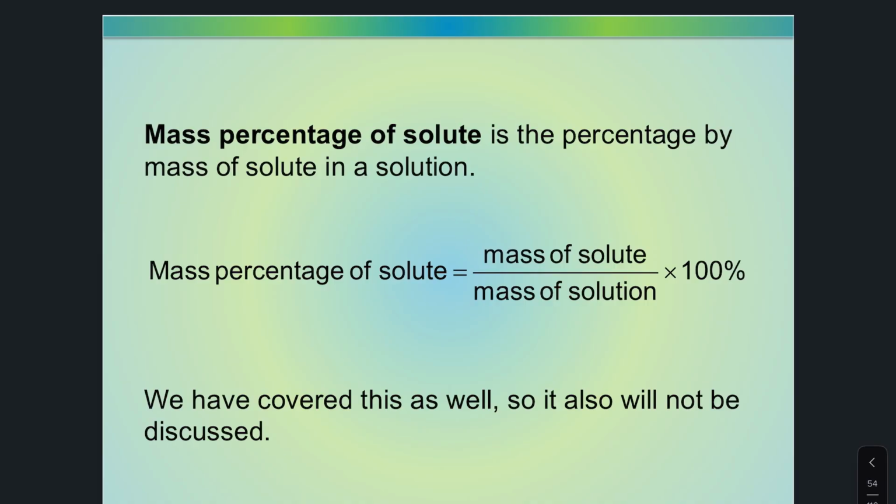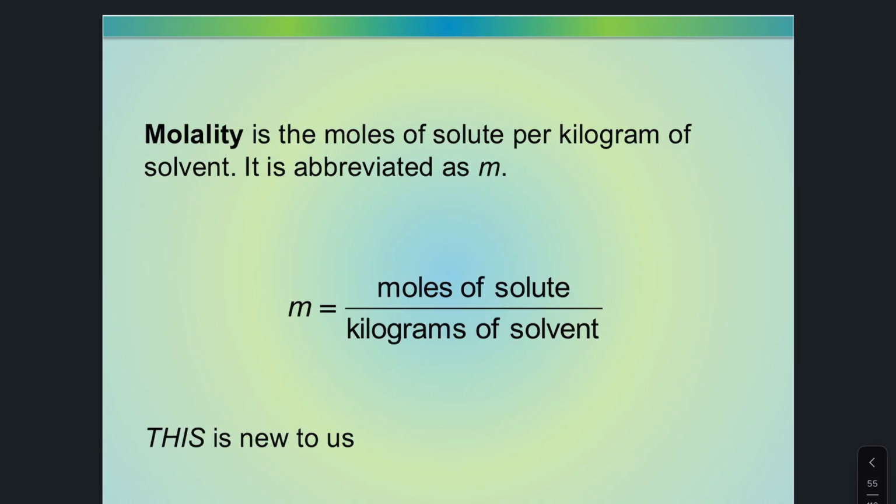Mass percentage of the solute is calculated the same as any other mass percentage. We just take the mass of a solute and divide it by the mass of the solution, and multiply by 100% to get a percentage. And we've covered this, so I'm going to continue to something we have not talked about yet. So, molality. And I just want to apologize right off the bat.